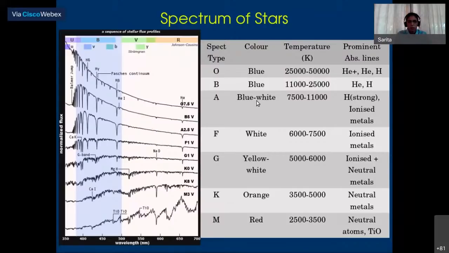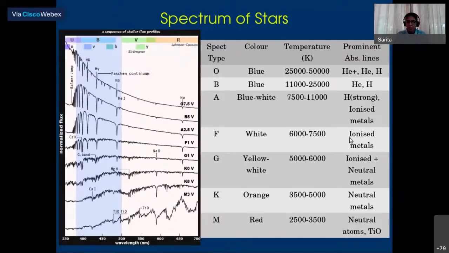And A is bluish white. This has strong hydrogen lines, and the surface temperature is 7,500 to 11,000 Kelvin, and it has some ionized metals. There are certain metals which are ionized. As we have already discussed, metals mean any element heavier than hydrogen or helium. So for example, you can have calcium, magnesium, titanium, all these lines can also be seen.